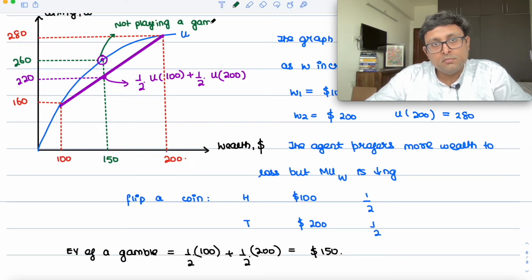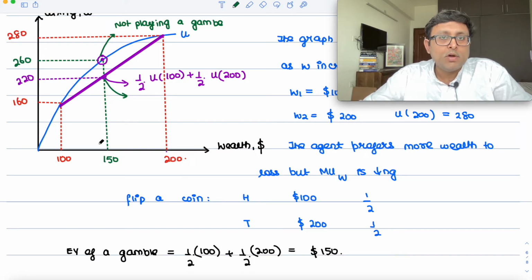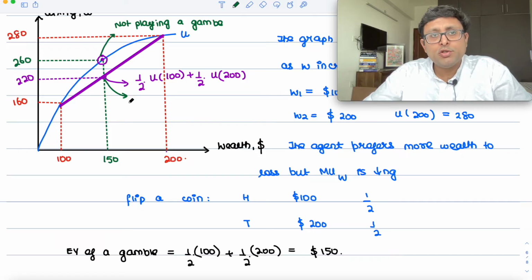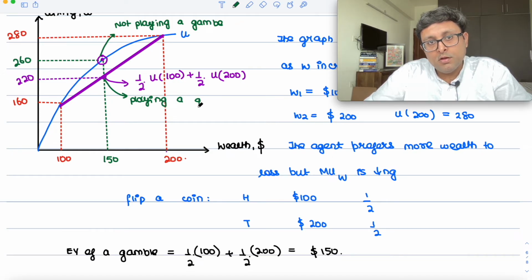Here, this is the utility. Even though this 150 is the same as what your sure income is. Let's say I give you $150. But 150 you're also getting from the same gamble, the expected value of this gamble. But the utility which you derive from playing the gamble is lesser. This is the utility which you get from playing a gamble, right?